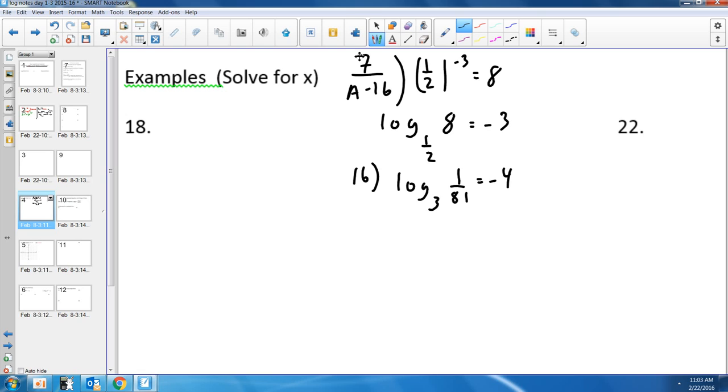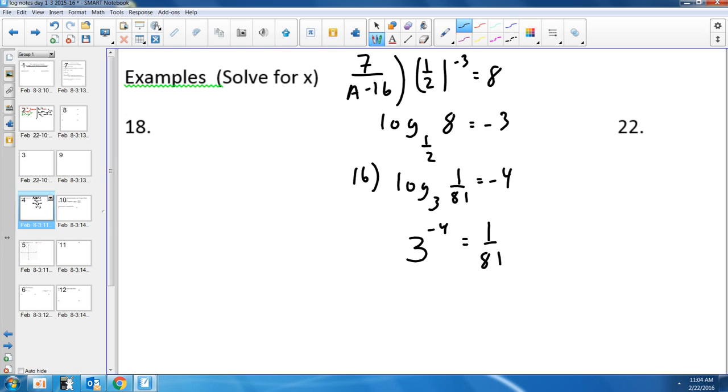It's just changing from one form to the other. So again, start with the base, like you did here, log, and then the base. So base 3 to the exponent of negative 4 is equal to the number 1/81. Switching them around kind of makes sense that you're taking the 1/81 and moving it here, and this as the exponent, because you're making inverses.